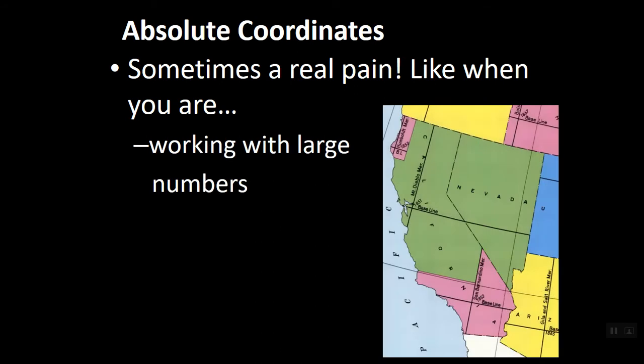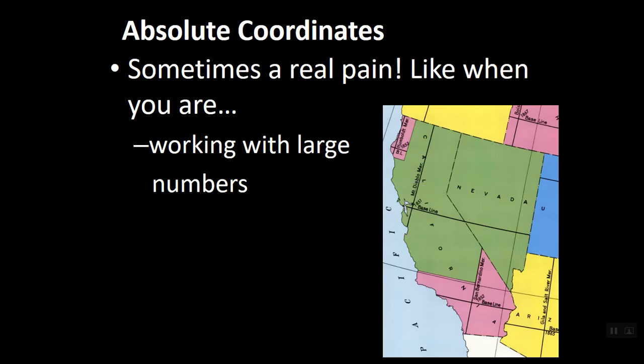Sometimes absolute coordinates are also awkward, like when we're working with gigantically large numbers. For example, did you know that for civil engineering and surveying, the state of California, like most of the states west of the Mississippi, uses a coordinate system, and that coordinate system is based on a point, and the point is Mount Diablo up by San Francisco.